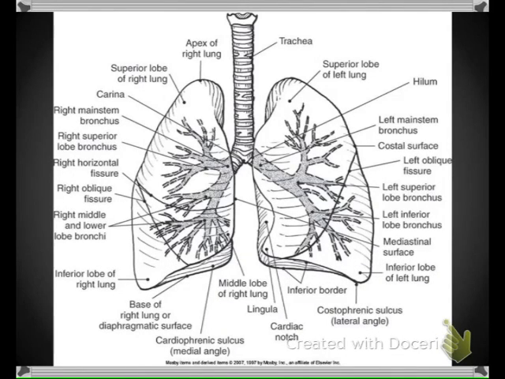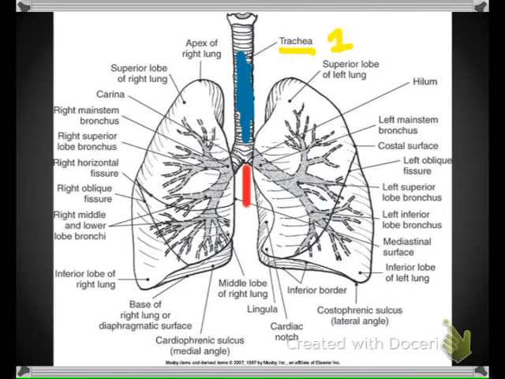So if we refer to this image now, we're going to use it for the order of respiration. So number 1, we have the trachea, and so we will put a number 1 beside it. And so as air flows down, we go from the trachea and then reach this point here.